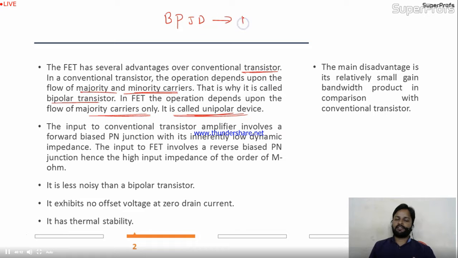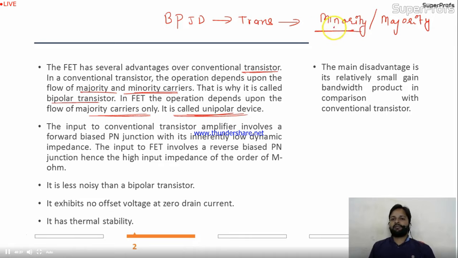In a bipolar junction device, meaning BJT or transistor, the effect of minority and majority carriers are both present. By temperature, minority carriers are affected. If there is any change in temperature, who will be affected in the circuit? The minority carriers are affected. The majority carriers will be affected, but in a very small amount.